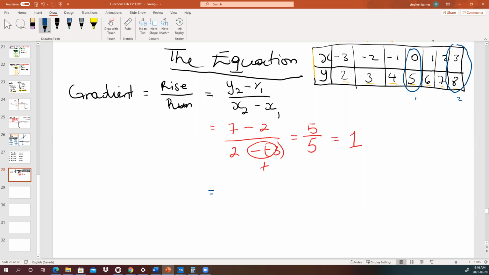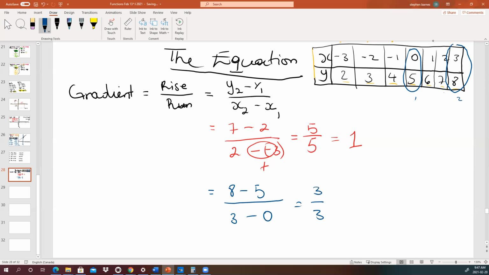So the y2 in this case would be 8 minus y1, which would be 5, right? So this is y2, this is y1, and then x2 would be 3 minus x1, which should be 0, equals to 8 minus 5 gives you 3. 3 minus 0 gives you 3.